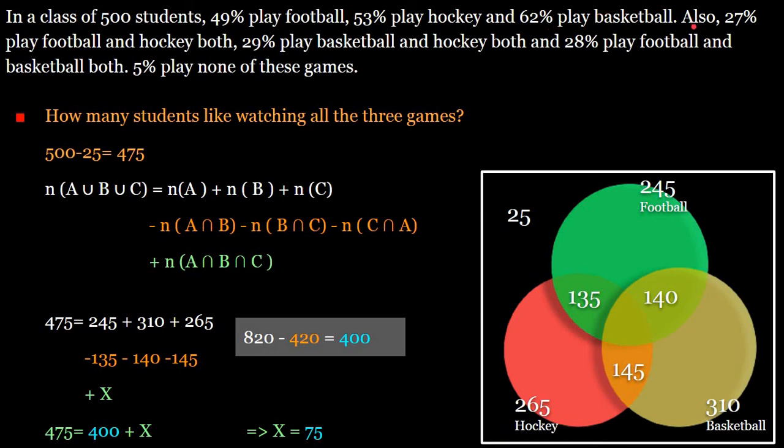It has also been given that 27% play both football and hockey. It is not given as just football and hockey; the whole of the overlap part is 135 here. 29% play basketball and hockey, that is 145 here, and 140 play football and basketball. 5% play nothing, so 5 times 5 is 25.